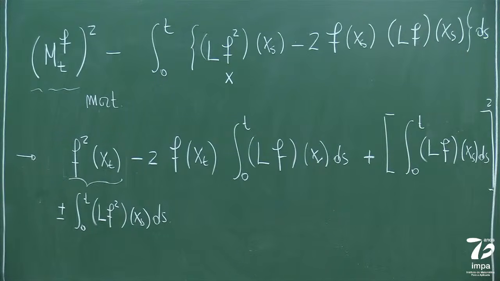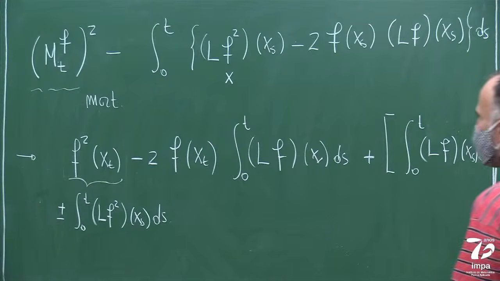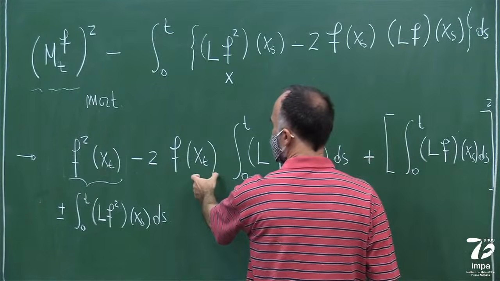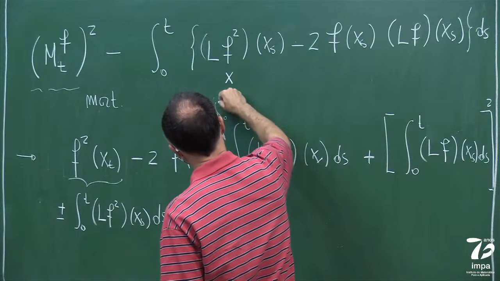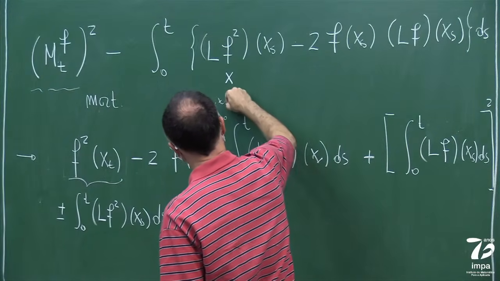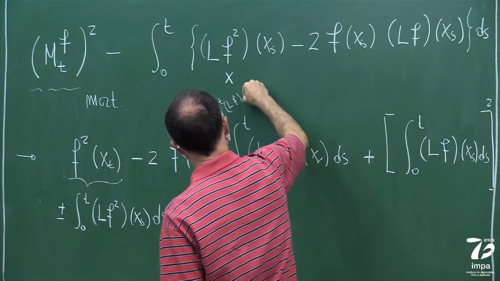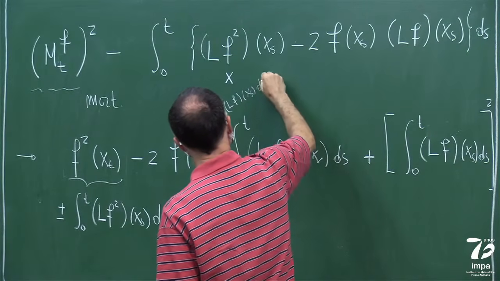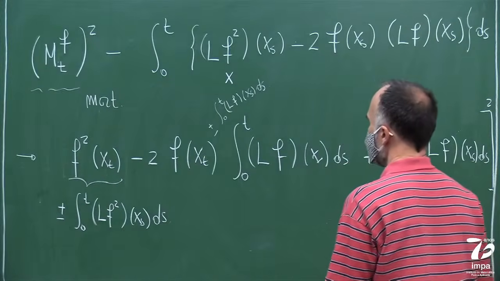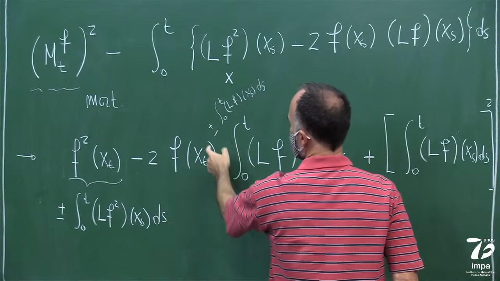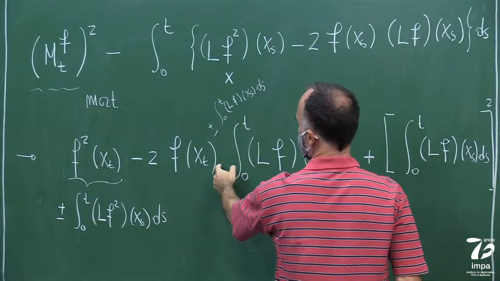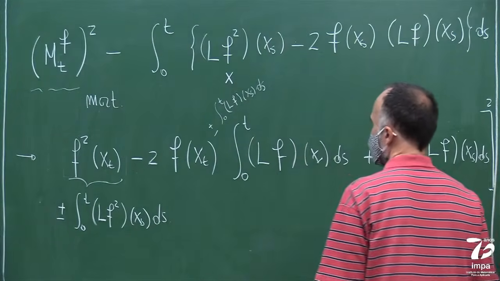Fine. So now I want also to make appear a martingale here. So what I will do is I will add and subtract Lf(X_s) ds. By subtracting, I get a martingale. By adding, well, I get a term.